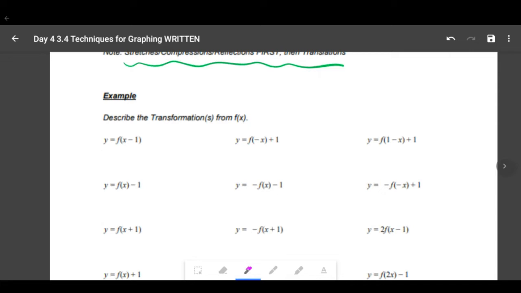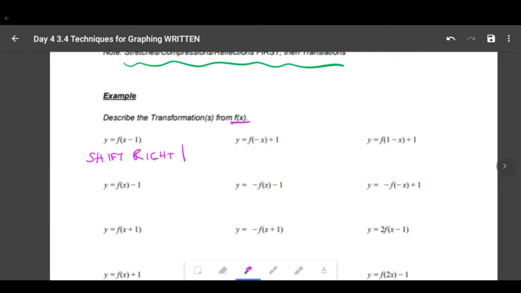So if I see the -1 on the inside, and the original function was f of x, I can say, when I have a subtraction of one on the inside, that deals with the horizontal. Since it's a -1, this would be a shift to the right one space. So my entire function has just been moved one space to the right. And that's all you have to do.